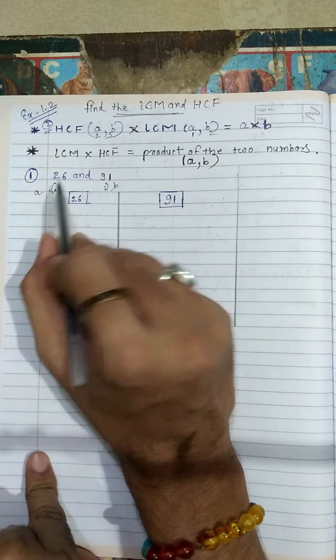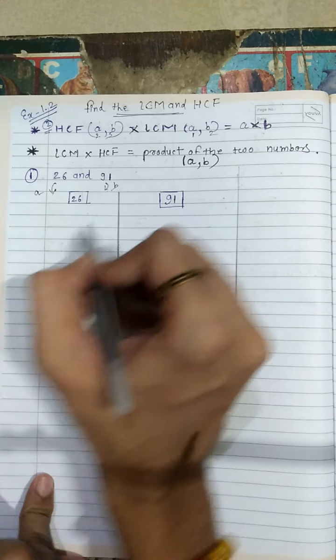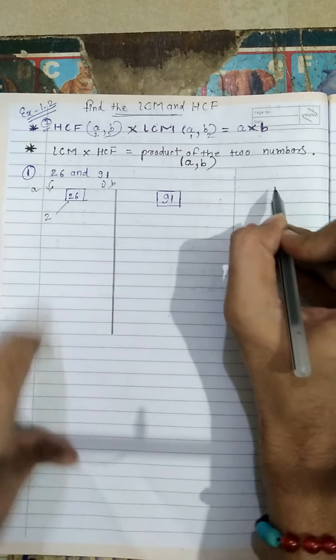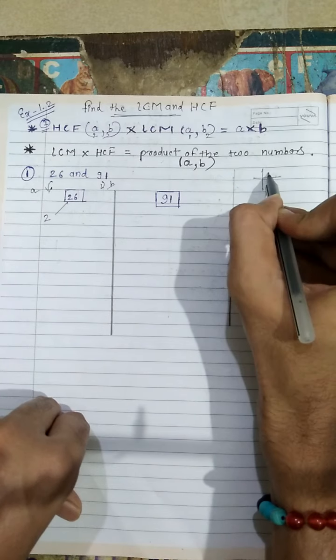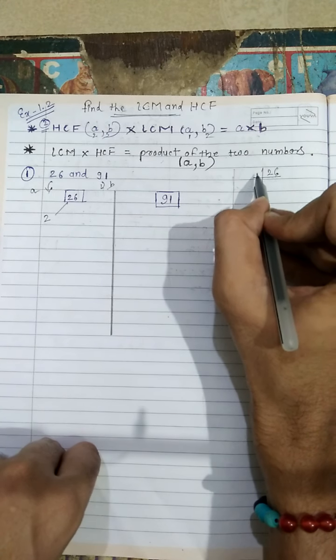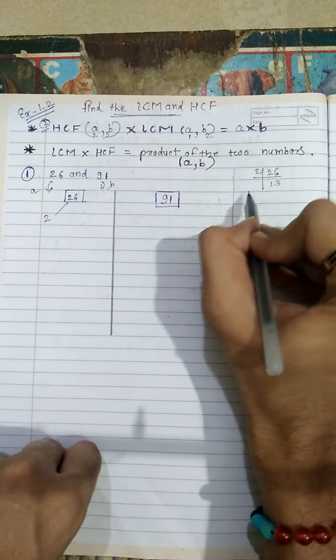Okay, now how to find them? Use the simple factor method. First of all, solve it with the simple factor method. 26: 2 twos are 26, and 13 is prime, 13 ones are 13.